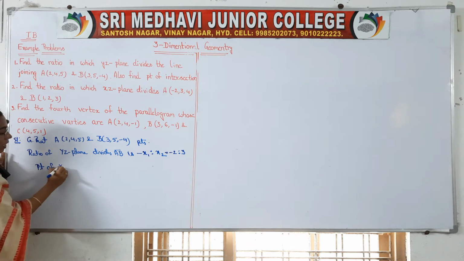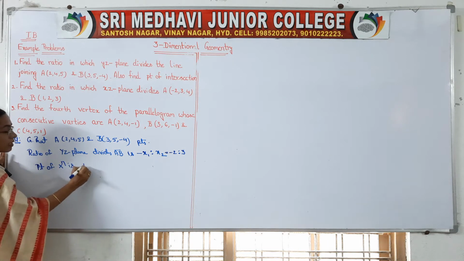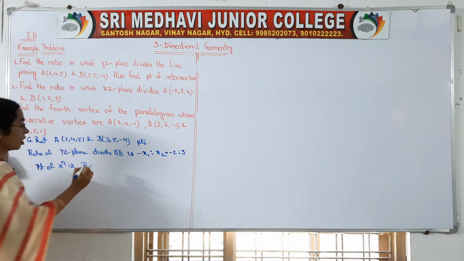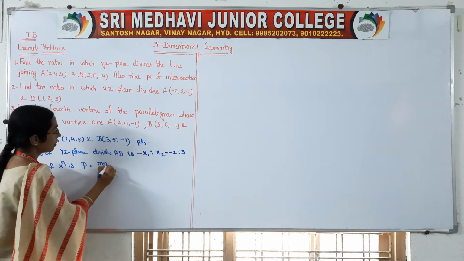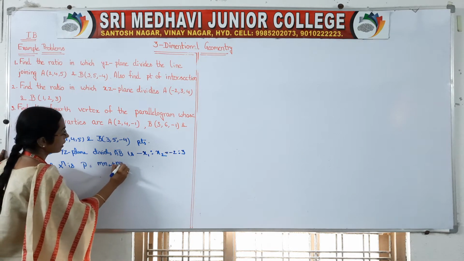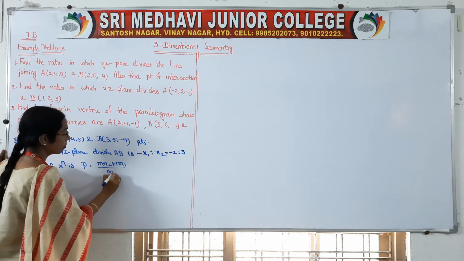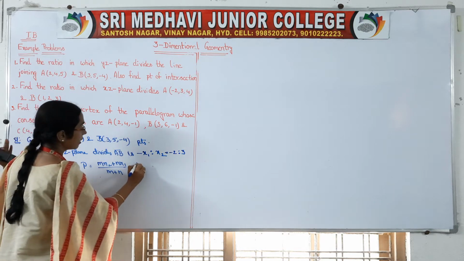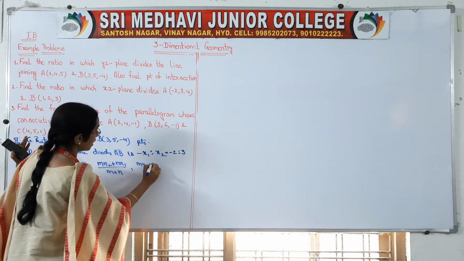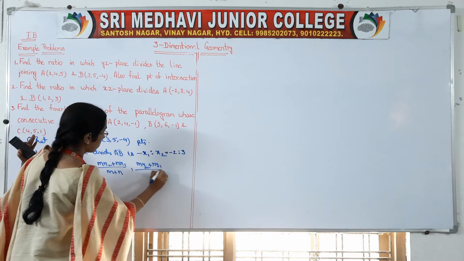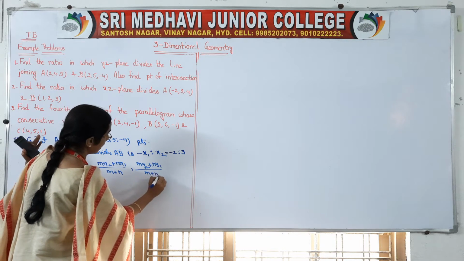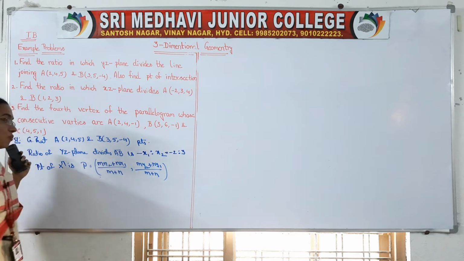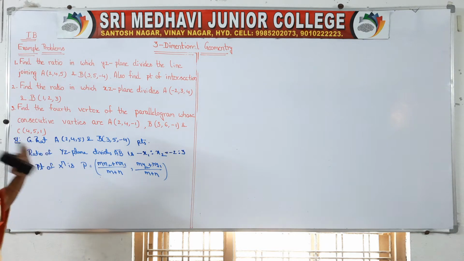So, what is that point of intersection? Point of intersection is P is equal to, what is the formula? mx2 plus nx1 by m plus n and my2 plus ny1 by m plus n. Okay, so where you have to mention all the values.